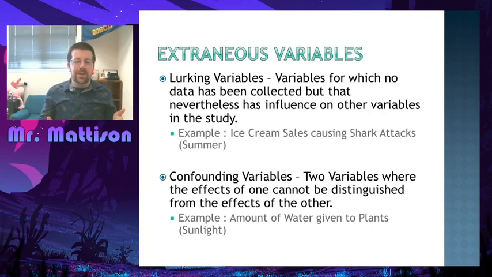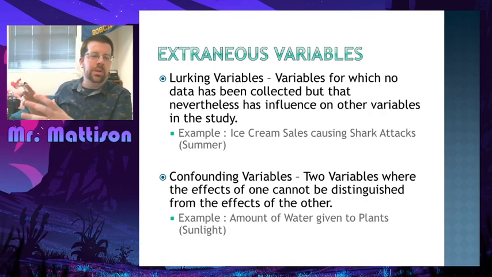A confounding variable is a variable that either adds to or reduces the effect which you are already seeing. So one that I've seen in the past year is people were trying to study if they gave more or less water to these plants, would they grow better, right? So on one half of the room they put 30 plants and watered them normally.